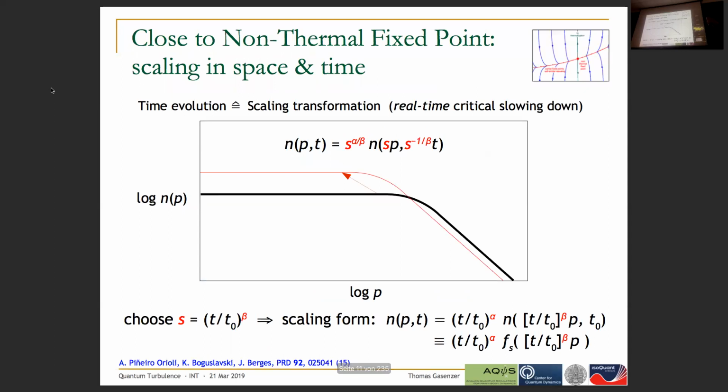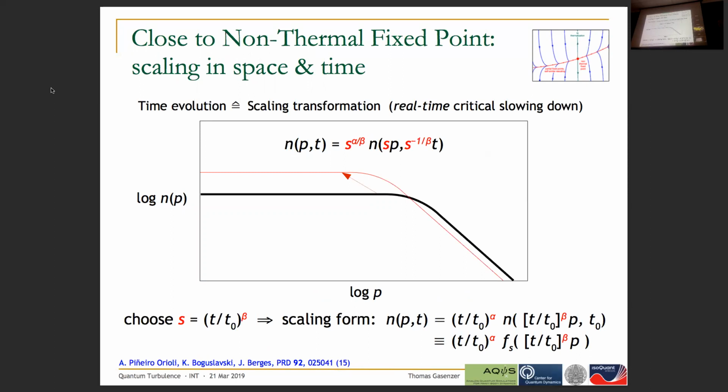Do you accept this scaling flow to be valid for all time or just for transient? So for the moment, I'm just defining what scaling means. And what I expect is that this scaling applies exactly on the fixed point. This is the typical hypothesis you make in RG.